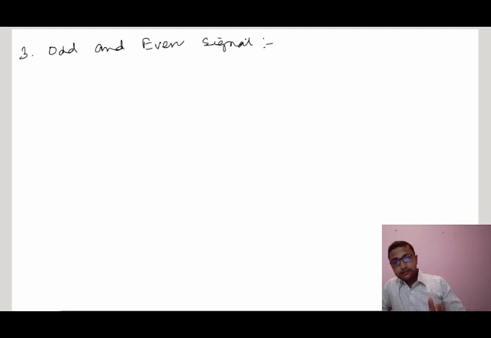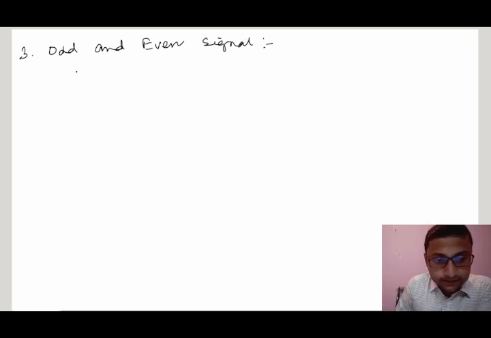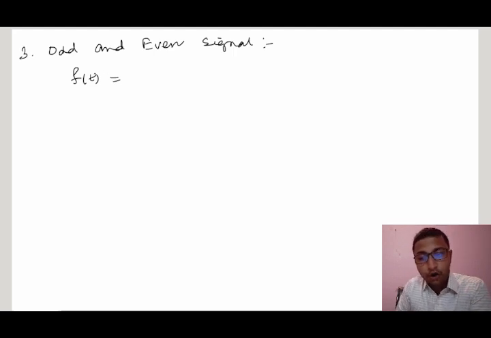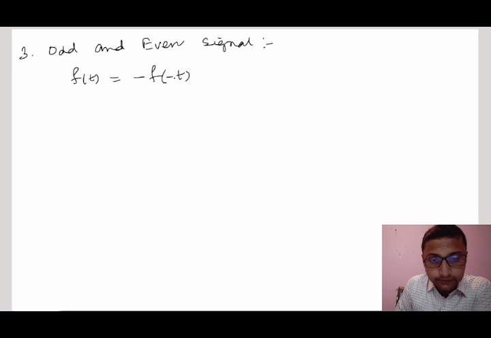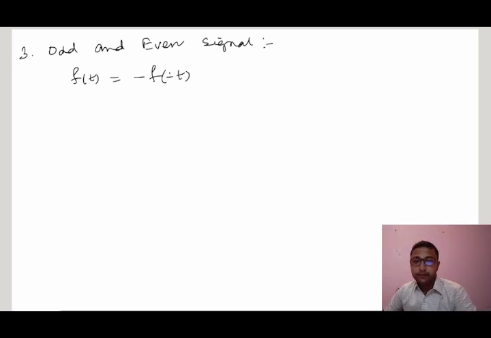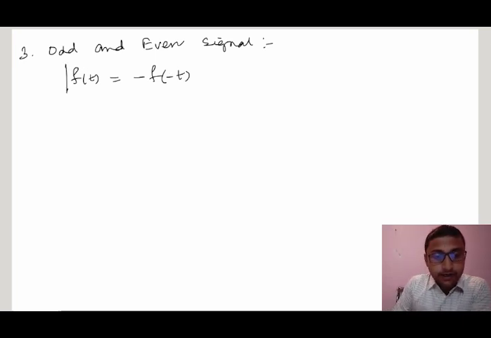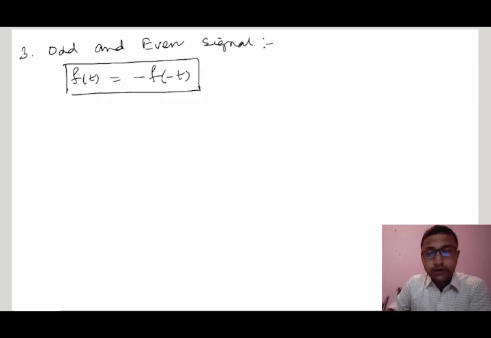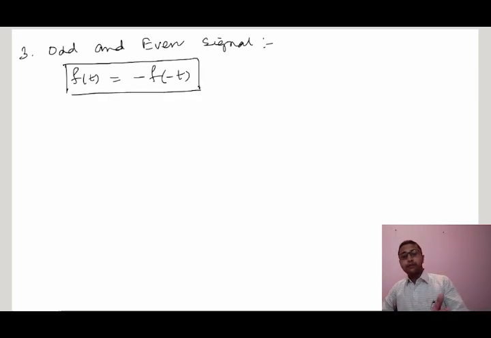A signal, which I have already told is a function of time basically. A signal f(t) is said to be odd if f(t) = -f(-t). This is the main condition for a signal to be odd. That means f(t) is equal to minus of f(-t).